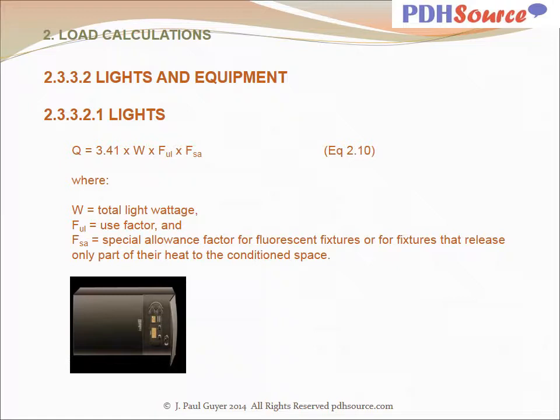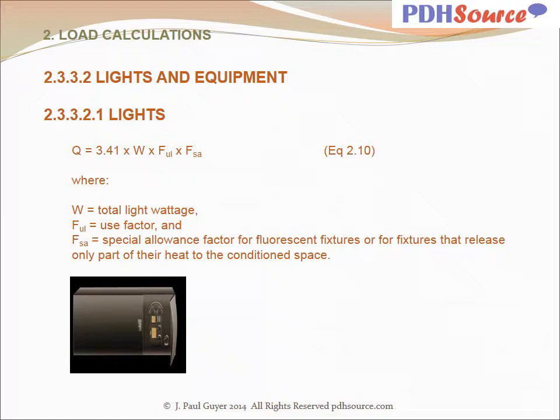Now, of course, for energy conservation purposes, we use fluorescent lighting, and we're now even moving to even more efficient forms of lighting, LED lighting lamps. And this F sub SA is a factor that reduces the heating load imposed by the lighting, the cooling load imposed by the lighting, to reflect the more efficient light lamps that are in use today.